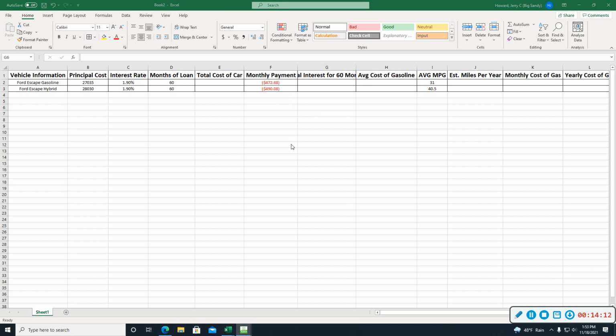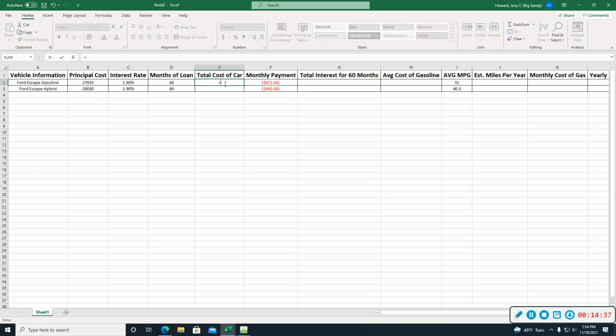Okay, let's find out what the total cost of this car is. So I come up here, click here, there we go. Computer's locked up there for a minute. What is the total cost of this car? Alright, so I know what my monthly payment is, so it's pretty easy.